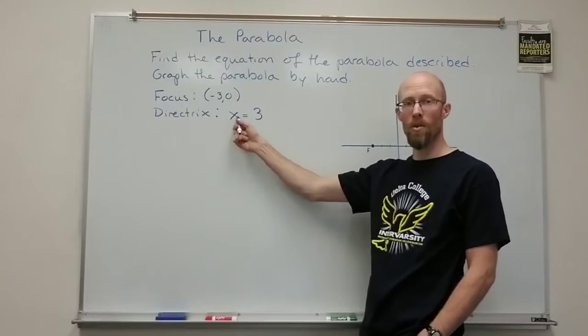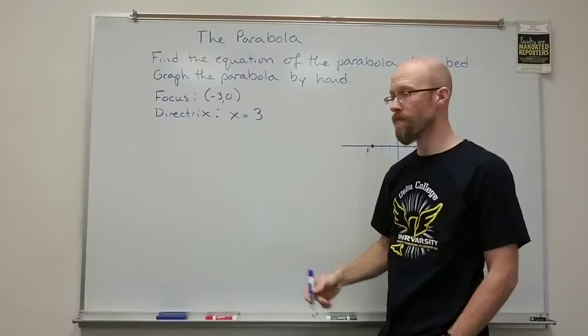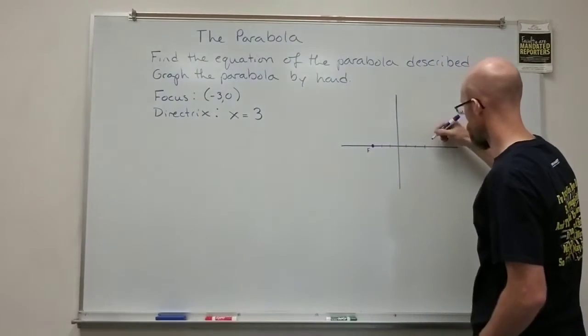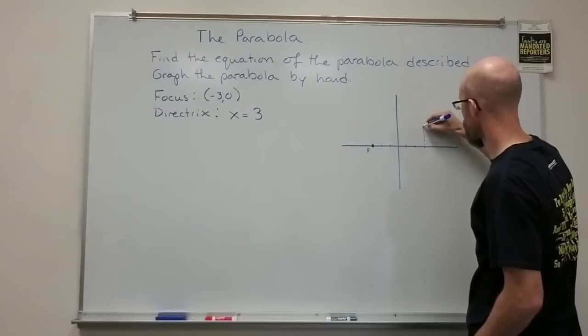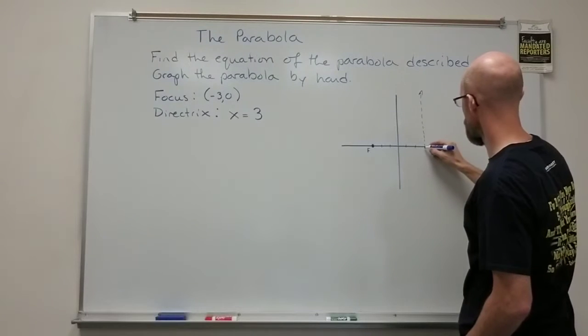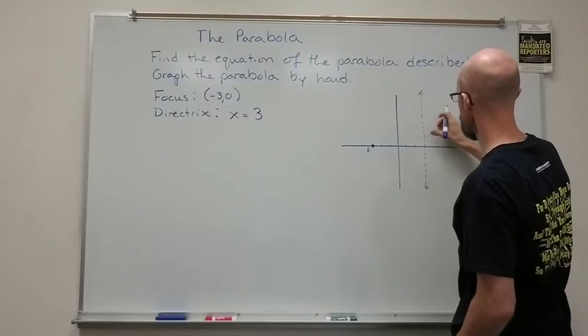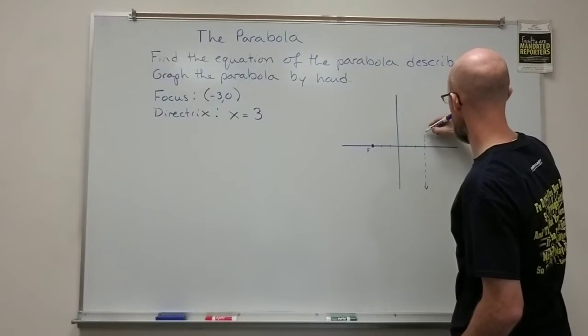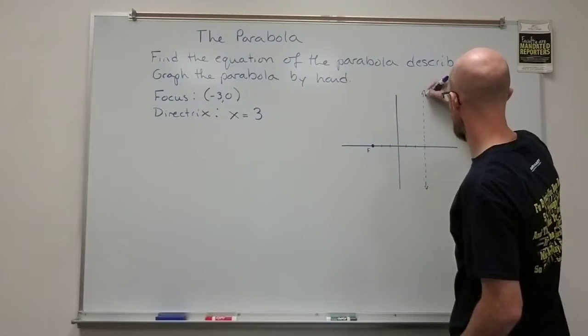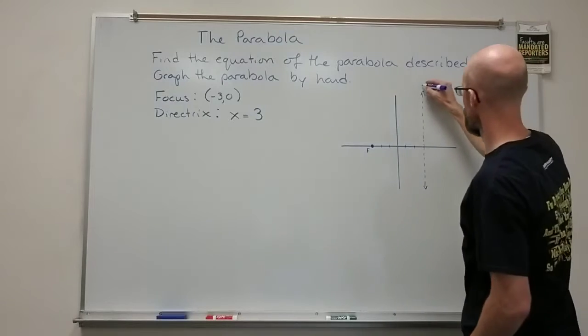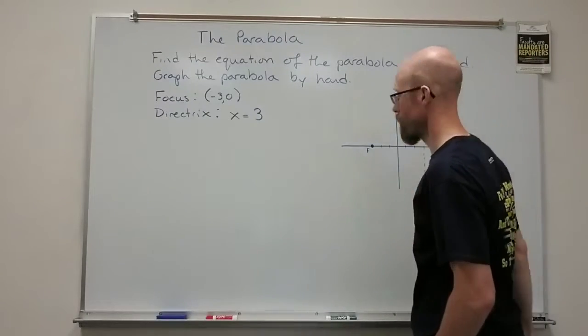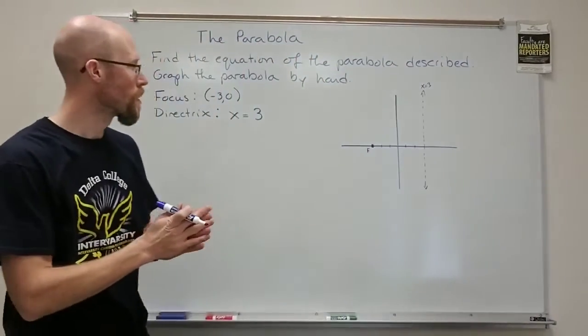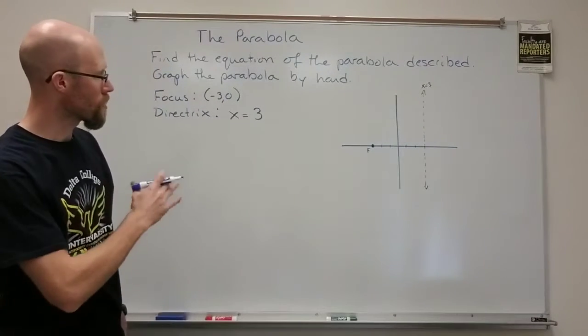Well, x equals a number is a vertical line, and it's over here at 3. All right, so there's my directrix. I should straighten that out a little bit. Better? Okay, and then I'll just label that x equals 3. All right, so that gives me a start.